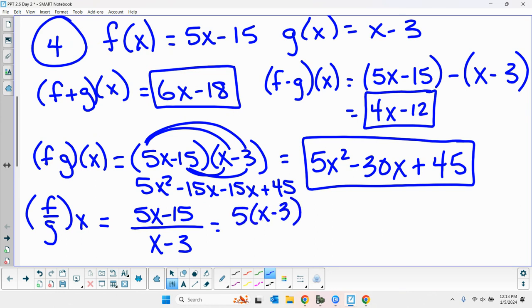And then what can I cancel because I have one of each in top and bottom? The x minus 3s, right? So the answer is 5 for the last one. So for number 4, you had to do all 4 of those problems. That was the only one you had to do that on. The rest of them, you're just finding one answer. Okay? Any questions on number 4? Do we understand what we need to do on those? Pretty easy stuff, right?